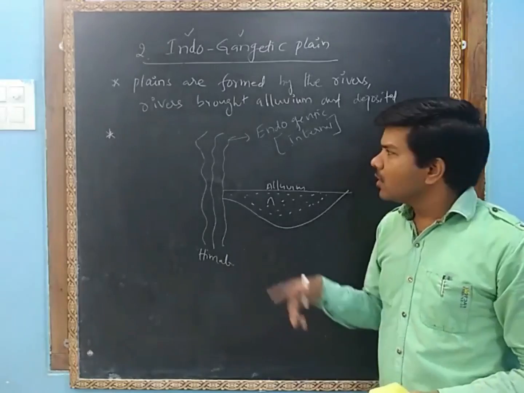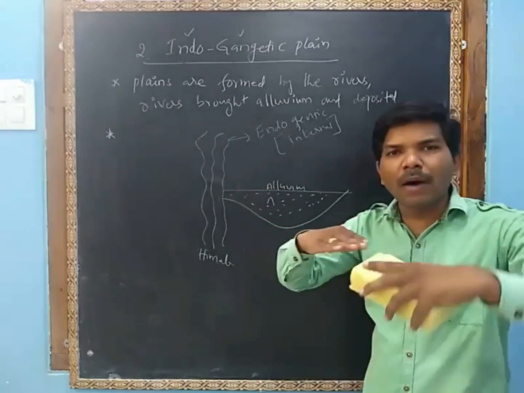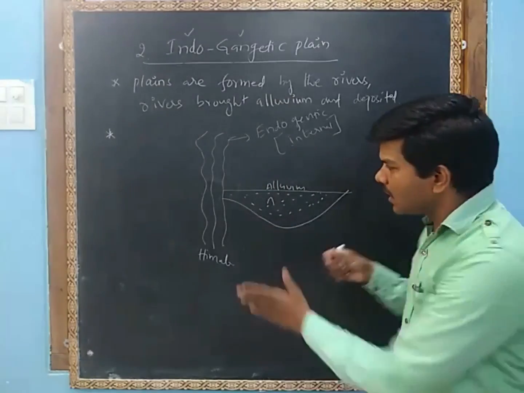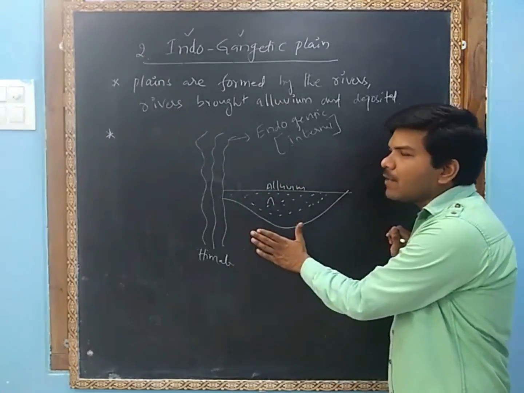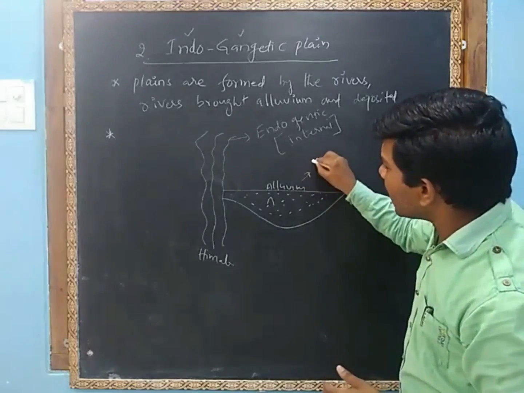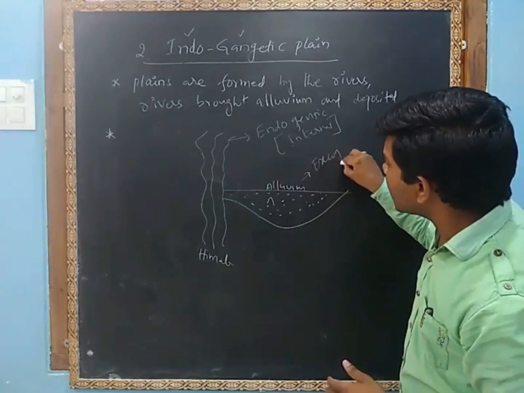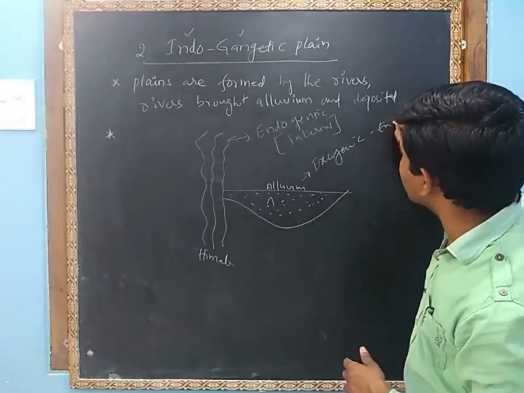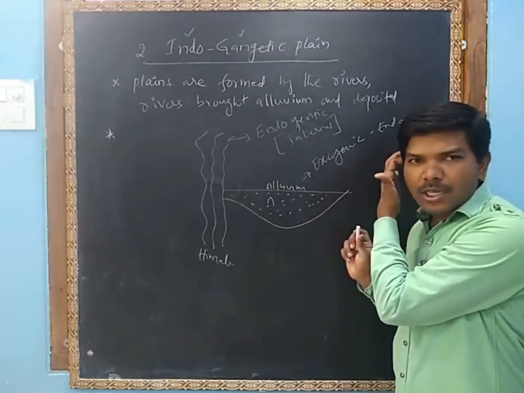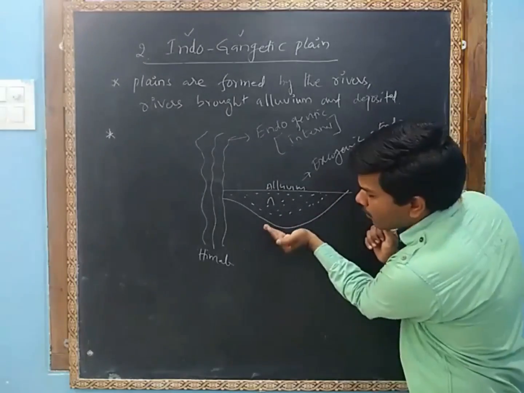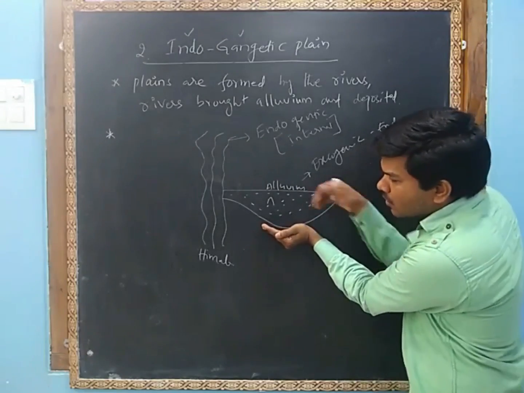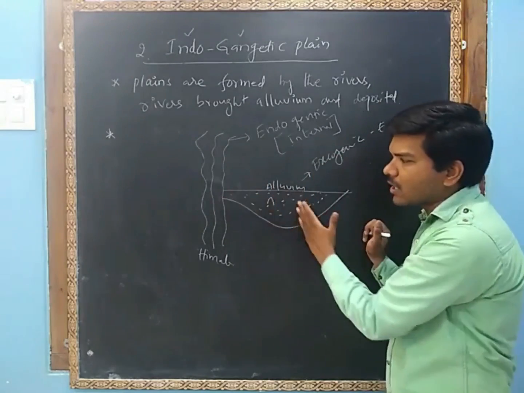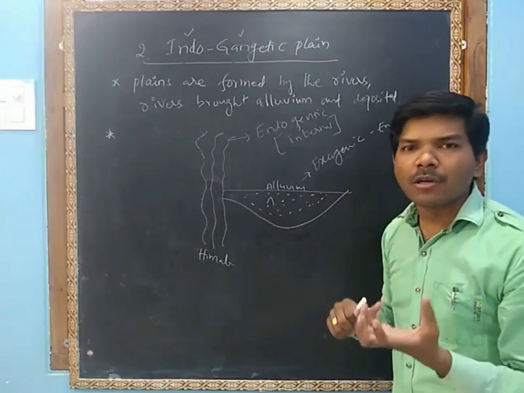But the plain was formed due to both exogenic and endogenic forces. Due to the endogenic, the low land was formed, and this land was filled by the exogenic factors, because the rivers brought alluvium.